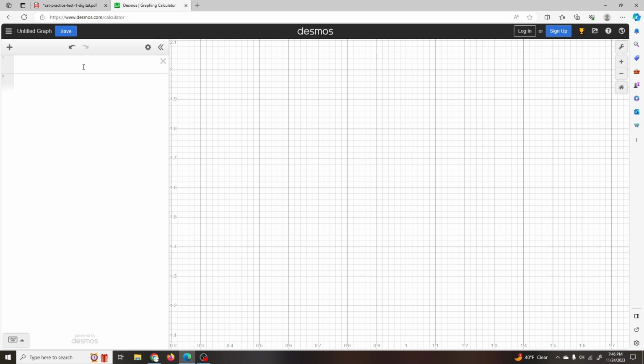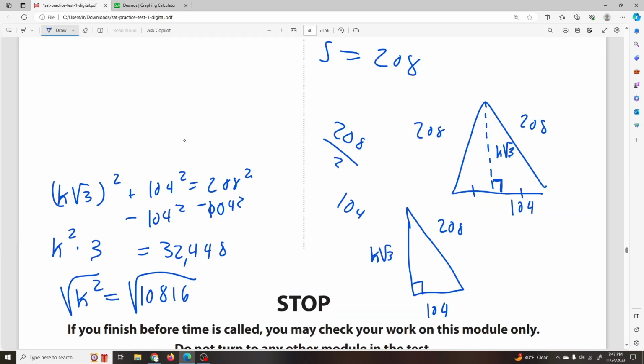And I think you can find that by SQRT. Yeah, press SQRT. And here paste, oh, not that value, 10816. And you get that k is equal to 104. That's all. Right, and that's question number 27.